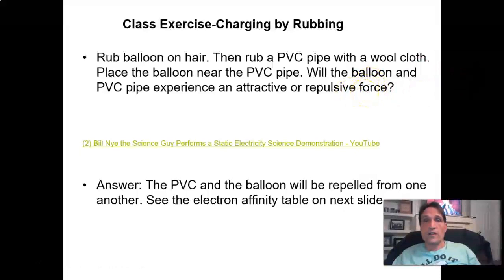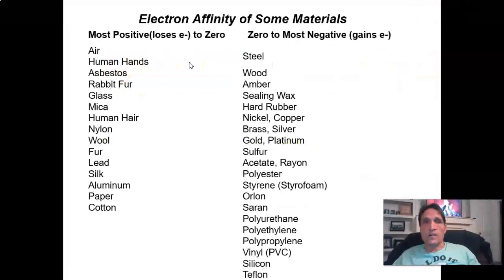Okay, so let's look at each of these individually. So first, let's rub our hair with the balloon. So what's going to happen? Well, hair is near the top left of the table, okay? And most other materials, rubbers, plastics, these materials are all near the bottom right.